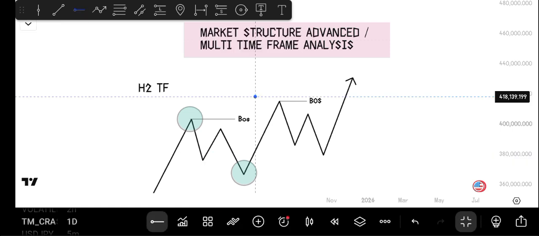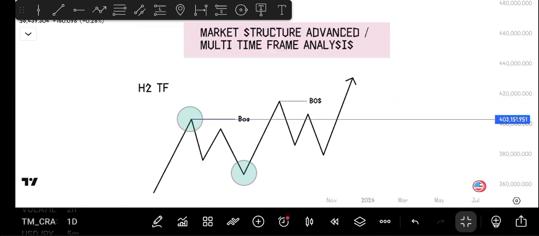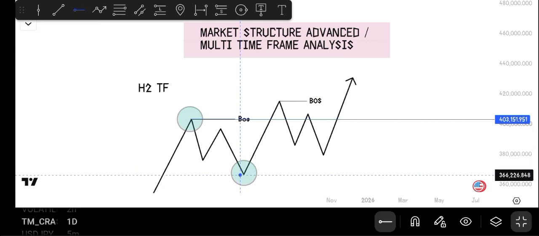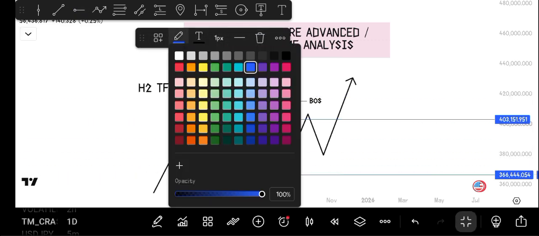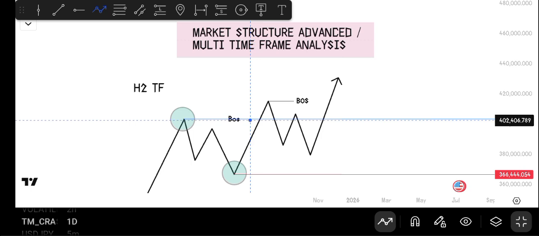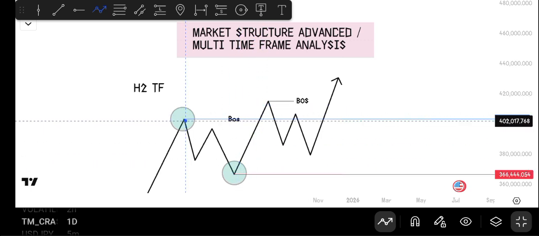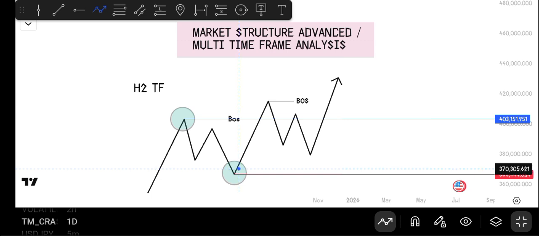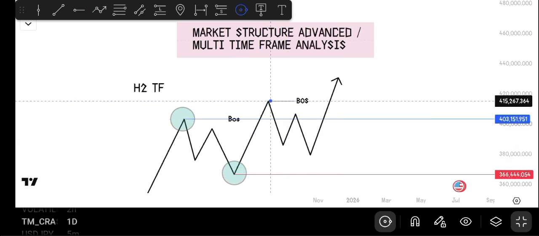So what do we have? We have our high right here and we have our low right here. So as you can see, this is how the multi-time frame analysis is. So let me explain it once again. Now coming to this upside, this low is breaking past this previous high, which has given us a higher low, and it pulled back, giving us another high right here. So another high has been created.